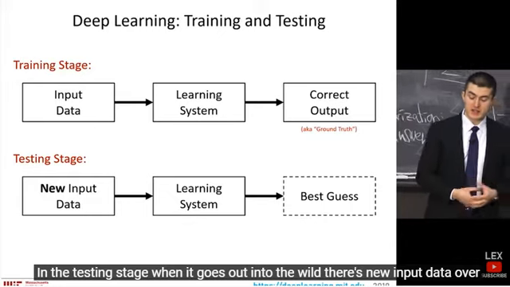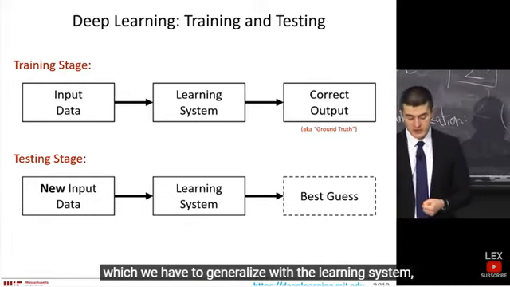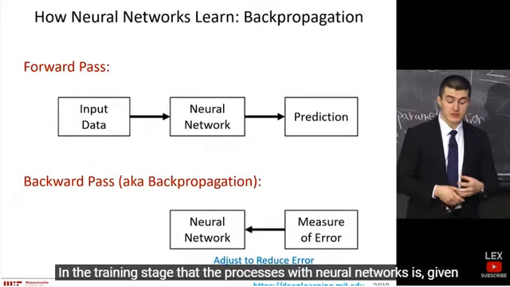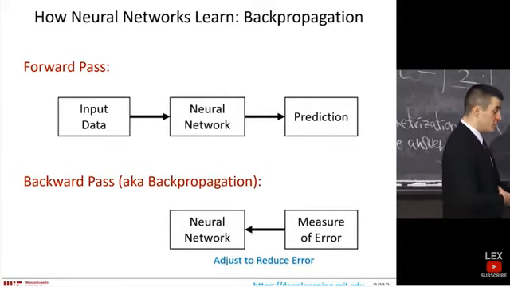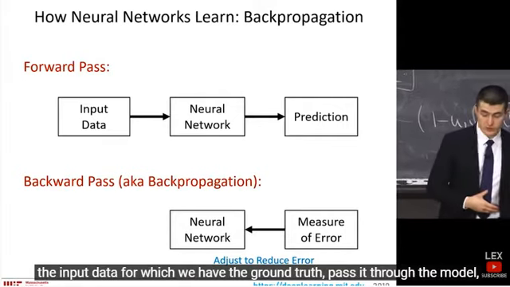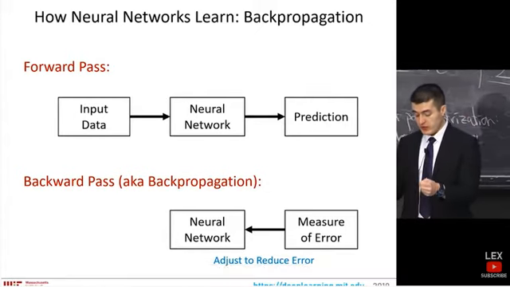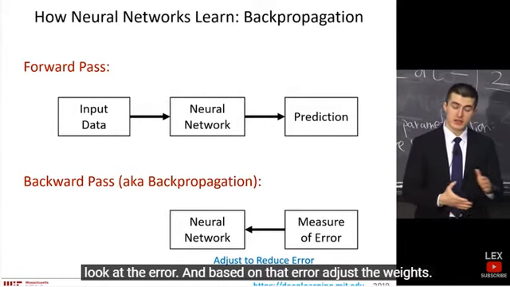In the testing stage, when it goes out into the wild, there's new input data over which we have to generalize with the learning system, and we have to make our best guess. In the training stage, the process is, with neural networks, given the input data for which we have the ground truth, pass it through the model, get the prediction, and given that we have the ground truth, we can compare the prediction to the ground truth, look at the error, and based on that error, adjust the weights.